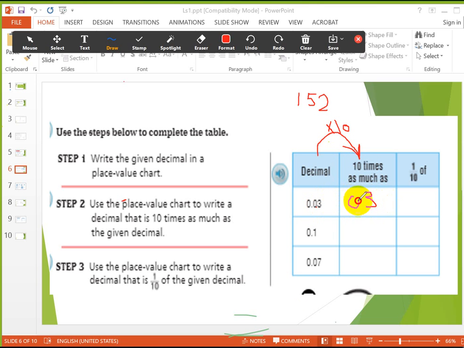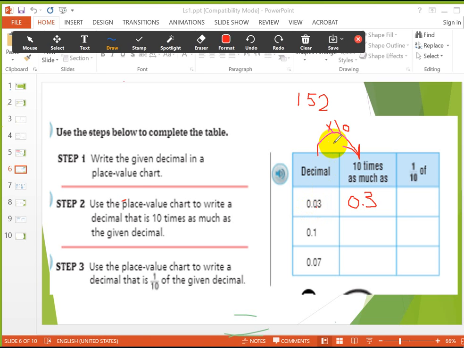Will be 0.3. Okay? Or you can write 2 zeros, it's the same. So when I want to multiply this number by 10, that means I will move the decimal point one digit into the right side.